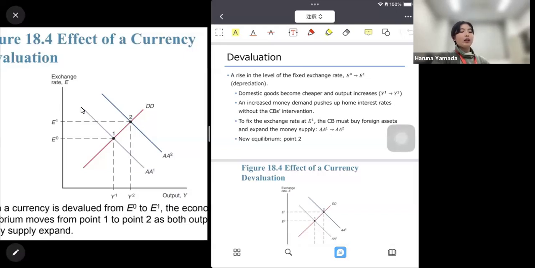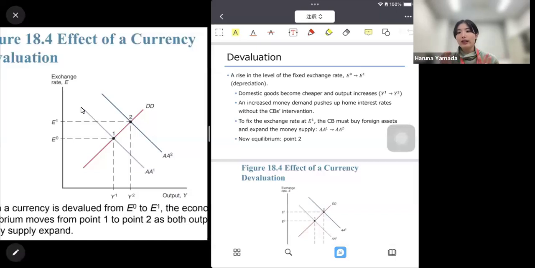But recall that under the fixed exchange rate, the domestic interest rate must be equal to the foreign interest rate. This is the necessary condition to maintain the fixed exchange rate.